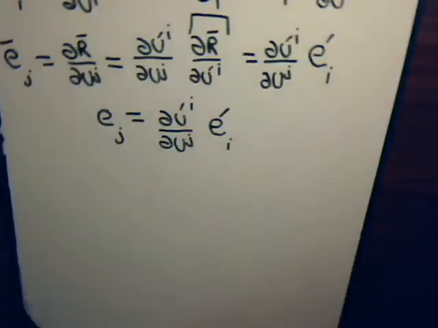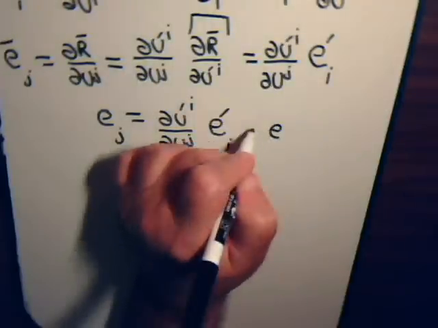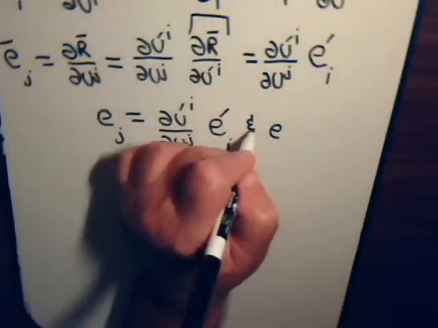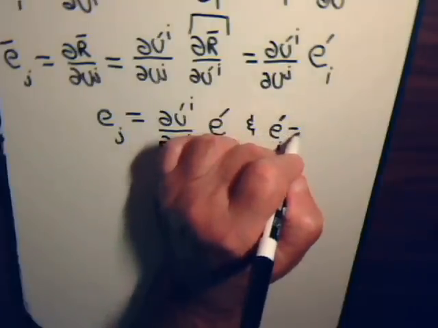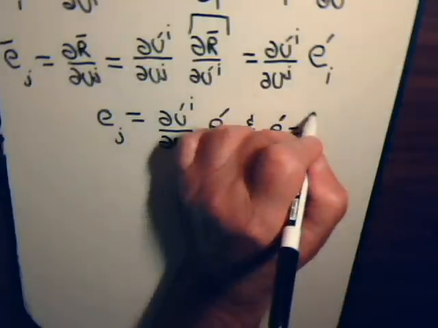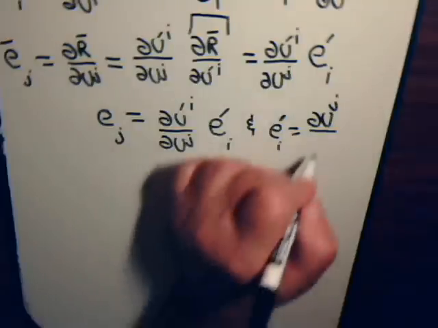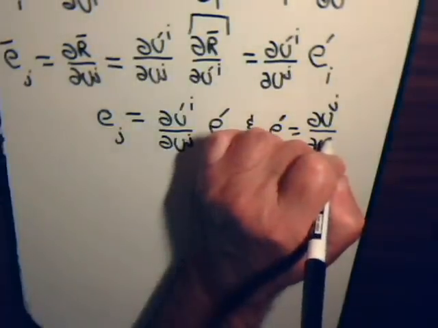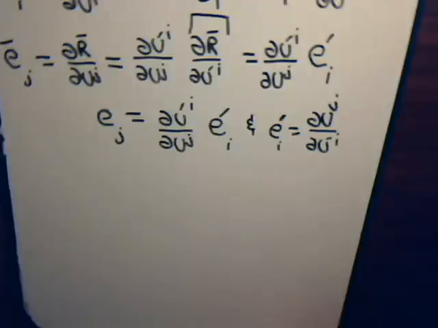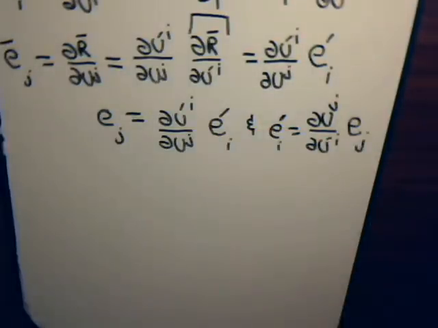And of course, if we want to, we could say also e_i' would equal the partial of u_j with respect to u' i times e_j.